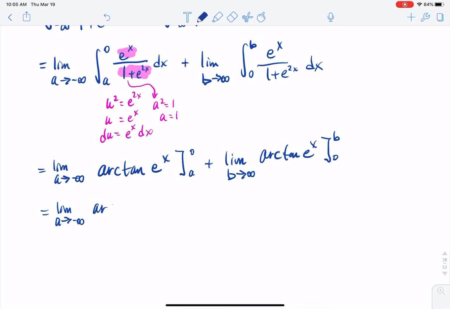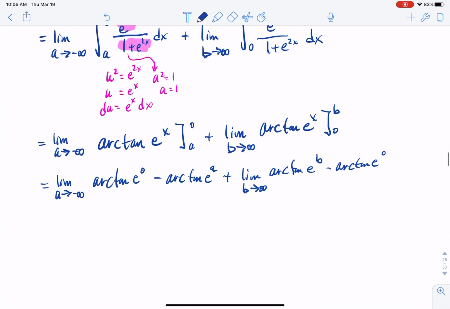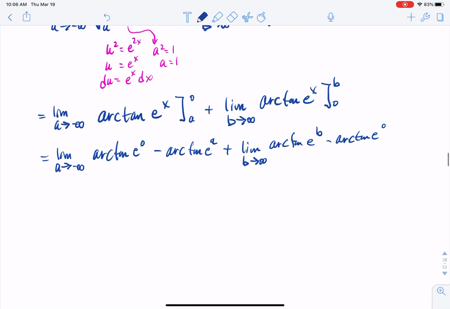Arctangent of e to the 0 goes in first, minus arctangent of e to the a, plus, and now do the second limit, arctangent of e to the b, minus the arctangent of e to the 0, which goes in second this time. This one is a little bit more complicated because we have to evaluate the e part and then take the arctangent of that as a goes to negative infinity and b goes to positive infinity.